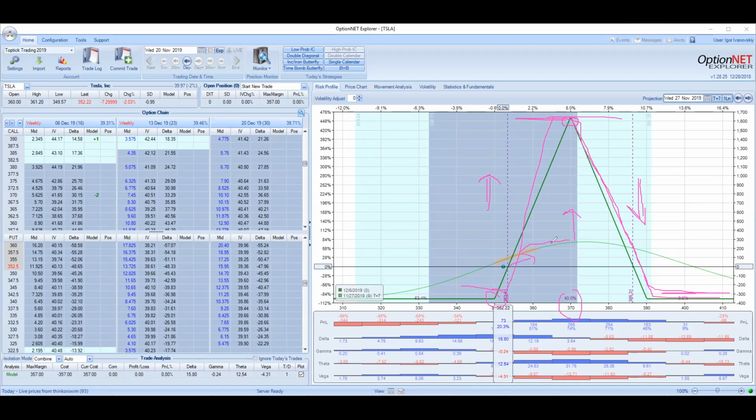So we need to be right on the direction and a little bit on the speed, right? We can't have Tesla go from 350 to 400, because clearly we're going to be wrong, and being short this 370, 390 is not going to help. So decay only helps if the move is happening and we're inside of the tent, somewhere around the short strike, and decay is happening on the short credit spread.